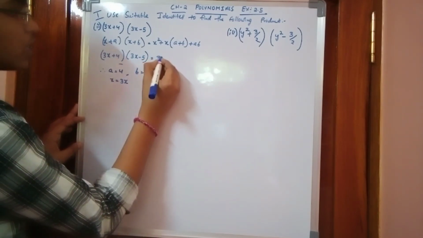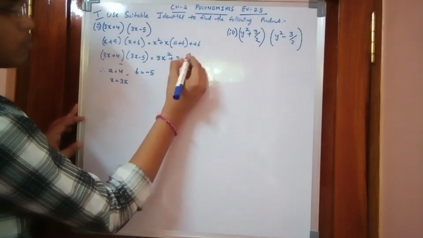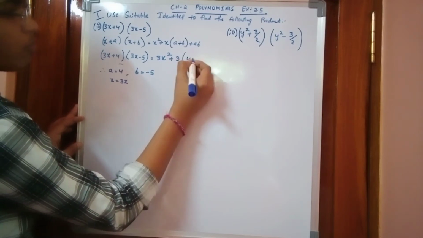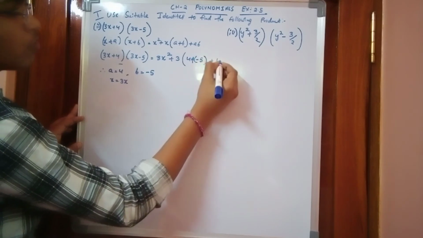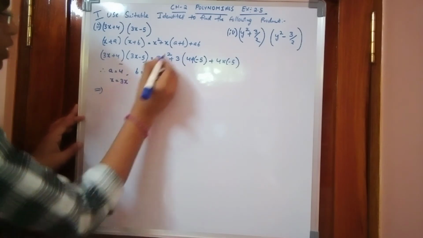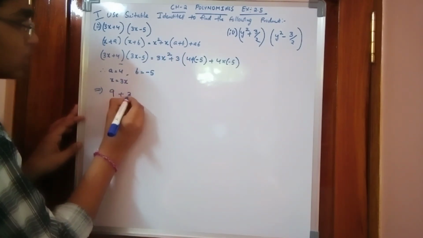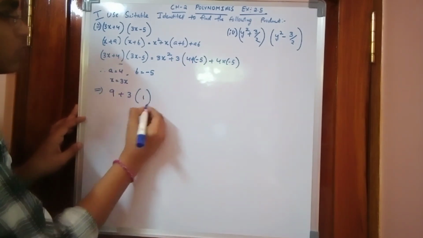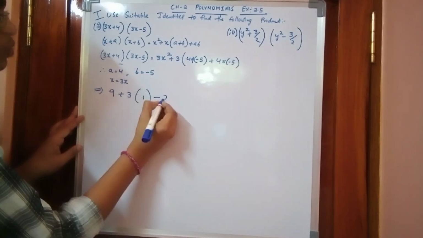So (3x) square plus 3x of (4 plus minus 5) plus 4 into minus 5. This implies 3 square is 9, 9x square plus 3x of minus 1, and plus into minus, 5 fours are 20, so minus 20.